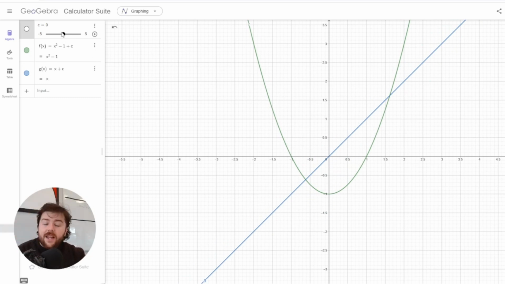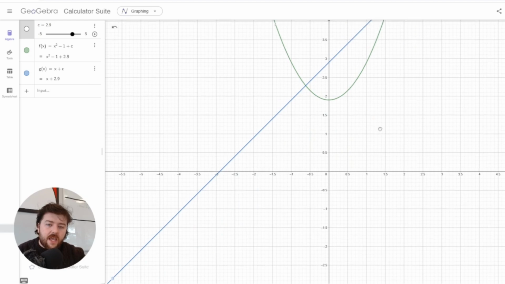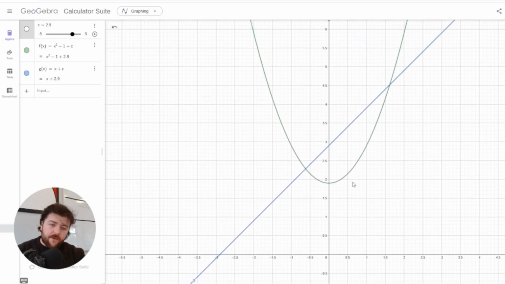Well, if I add the same plus c to both functions, I can move them both above the x-axis. And what's great is, with x squared minus 1 plus c and x plus c, when I integrate them, the c's are going to cancel out anyway. So I don't have to worry about it.